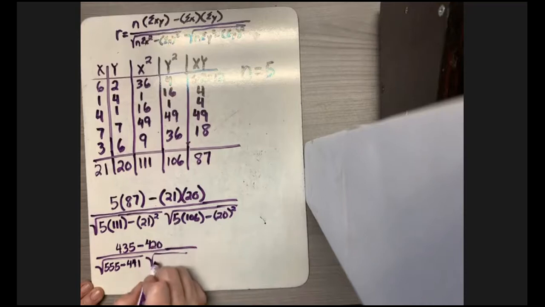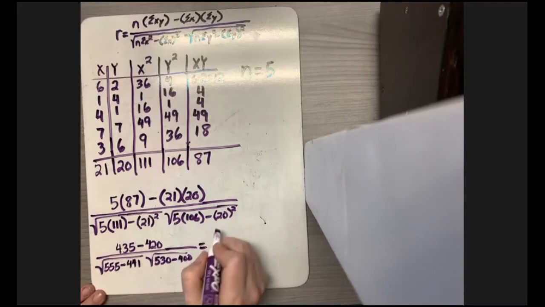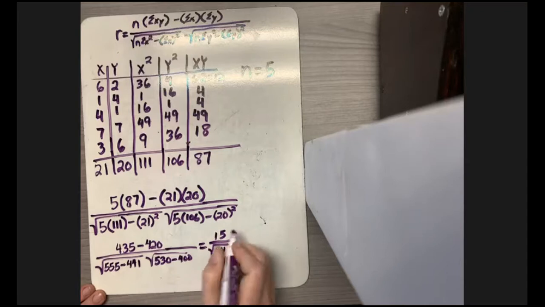And then I'm going to have 530 minus 400. And again, I'm just going to do all my little subtraction pieces. So I have 15 over the square root of 114, times the square root of 130.